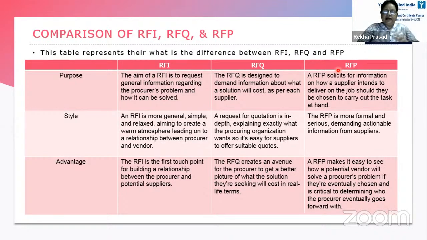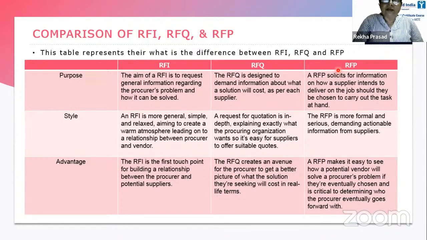Advantage: the RFI is the first touch point for building a relationship between the procurer and the potential suppliers. That we have also discussed. ये first point है जब दोनों साथ आते हैं. The RFQ creates an avenue for the procurer to get a better picture of what the solution they are seeking will cost.